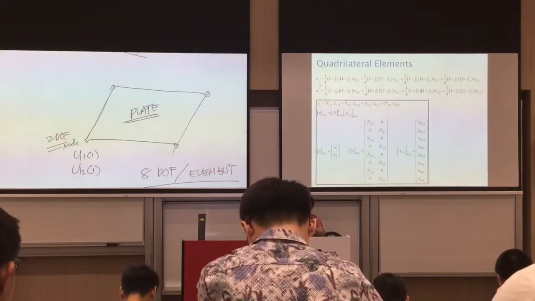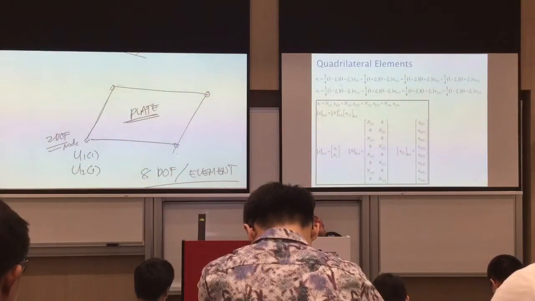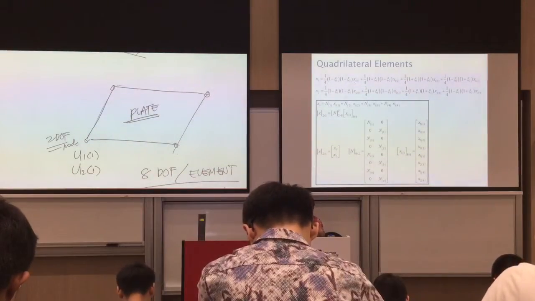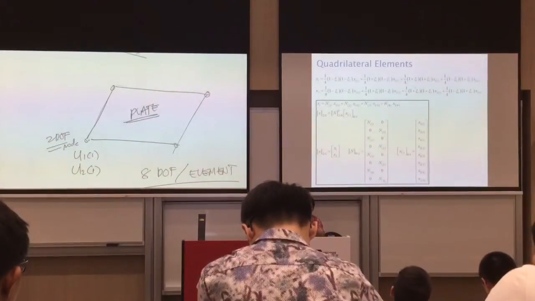So from here, you will get now x1 with this equation here, and so on and so forth. So as you can see, they are the same, right? So this one now will be your shape function, n1. This is your second shape function. This one is your third shape function, and your fourth shape function.